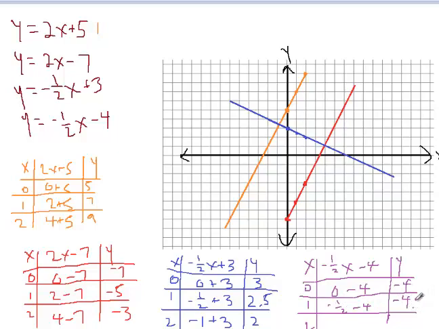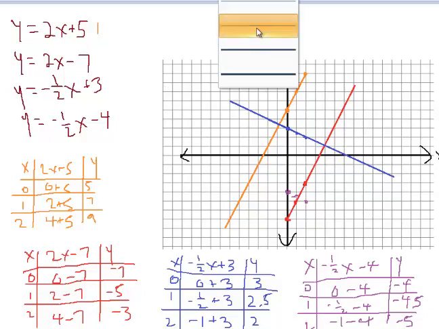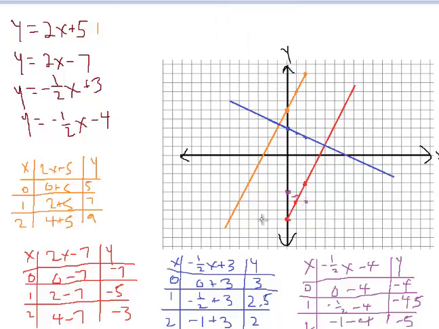And then negative 1 minus 4 is negative 5. These go fairly quickly. And then 1, negative 4.5. And 2, negative 5. So now let's draw our line here. Our line starts here, and our line should go something like this.